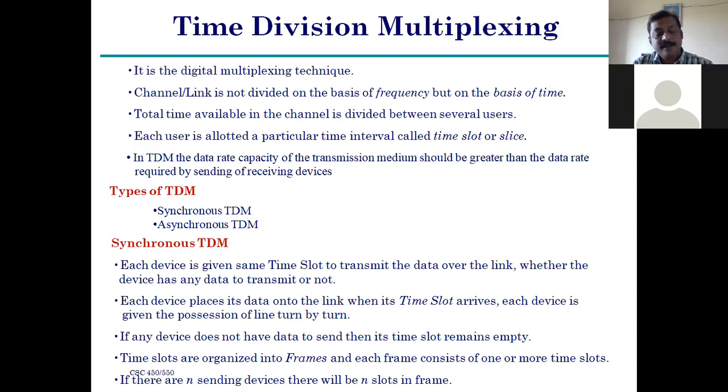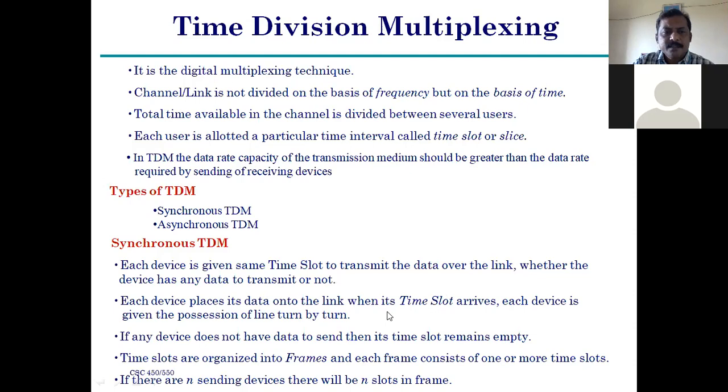Why? Because all these slots can combine and form a composite signal, right? That composite signal is transmitted using only a single communication link. So that is the multiplexing, either frequency or time division. In frequency division, a number of frequencies are carried. In time division, a number of time slots are carried, right? By using the single communication link.